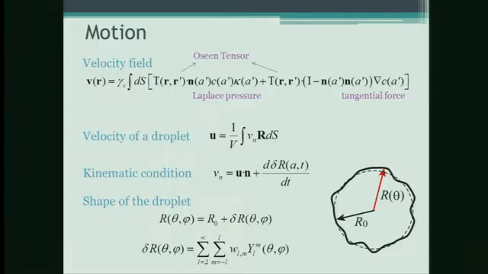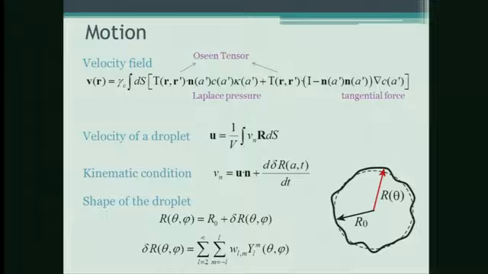And here the tangential force also creates some velocity field. And once we know the velocity field, we know the normal velocity at the interface, here denoted by Vn. And from some geometrical consideration, the velocity of the droplet is given like this.